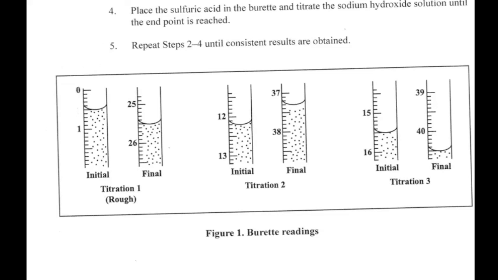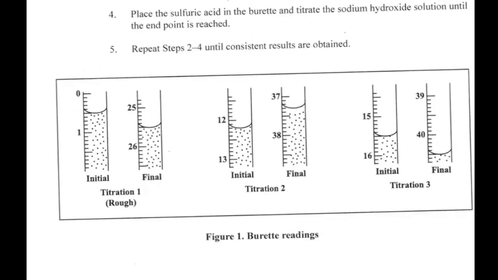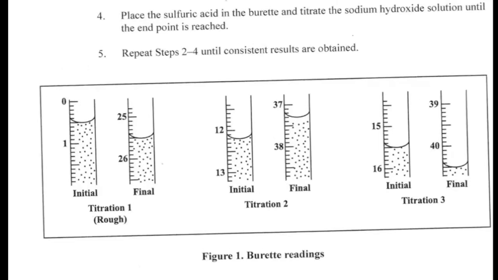So for titration 1, we have the final reading. Let's do something colorful. The bottom of the meniscus is sitting exactly, well, before we even read, we always have to figure out what the graduation on the scale is.